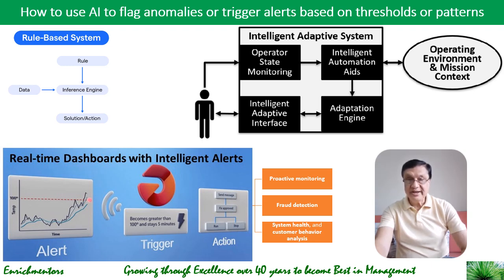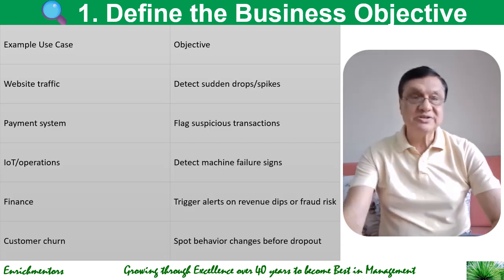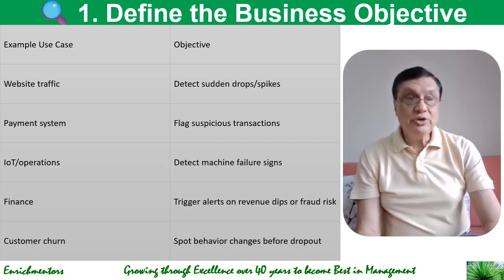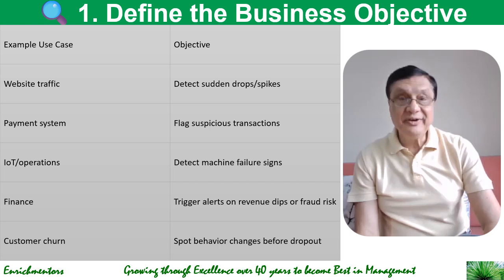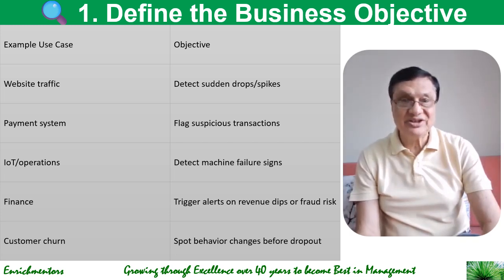Now, how to use AI for such anomaly detection and alerting? Let's take a look at that. You need to begin by defining the business objective. Now, what could be your business objectives? If your use case is website traffic, your objective could be to detect sudden drops or spikes. If your use case is a payment system, you may be interested in flagging suspicious transactions.